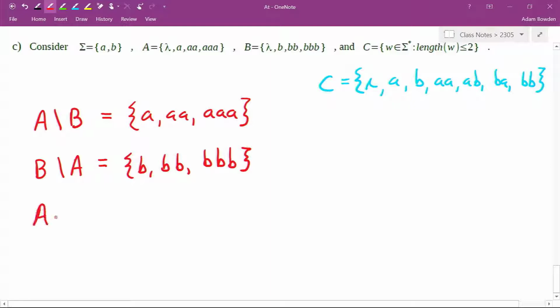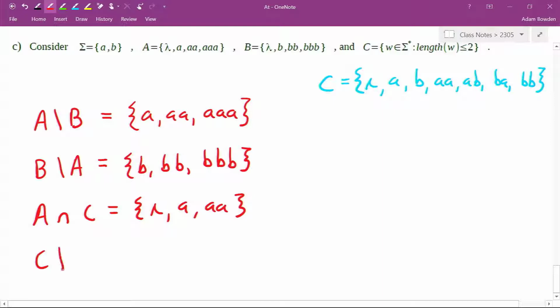If I look at A intersect with C, let's look at what A and C have in common. They have lambda in common. What else do they have in common? They also have the A and AA words in common. So that would be the intersection of those two sets.